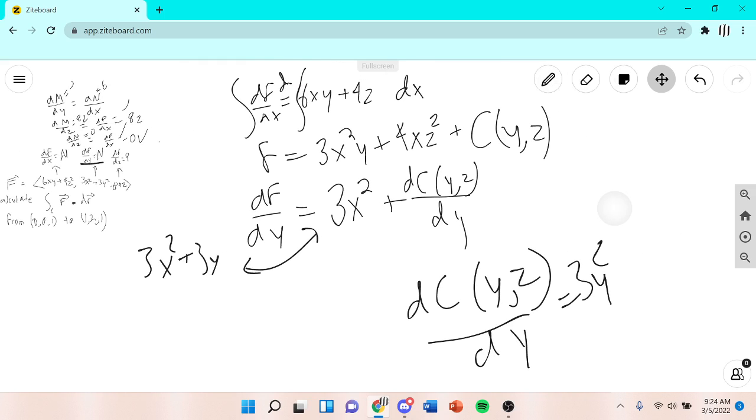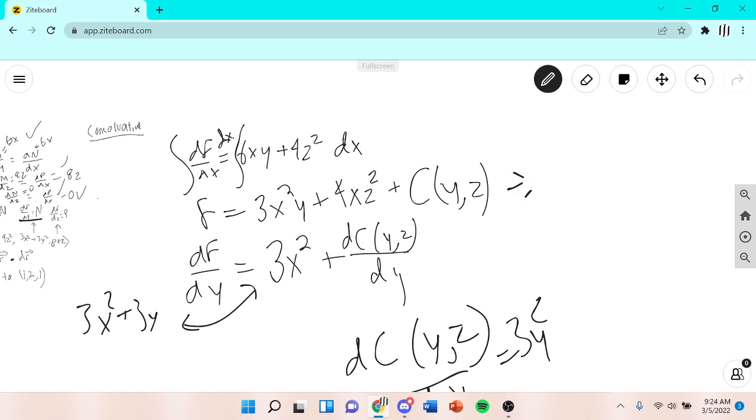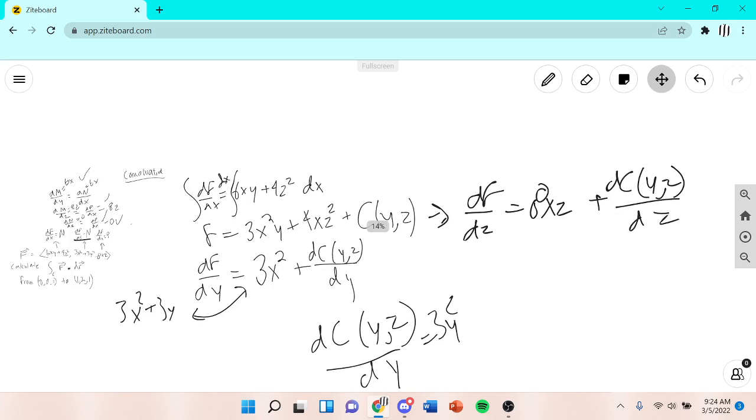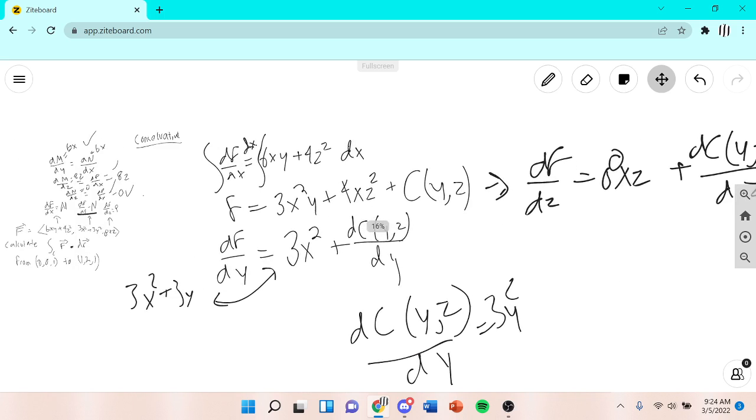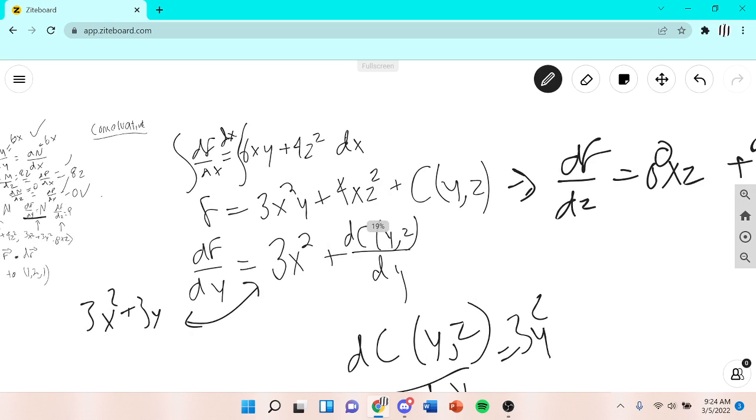What we're going to do next is take this one in terms of z. So df over dz is equal to, this becomes 0, so it becomes 8xz, and then this becomes the derivative of c of y, z with respect to z. It looks like in this case, this is just 8xz.